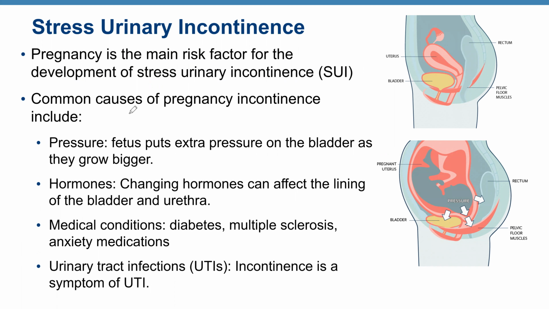But before we get to all of these causes, let's review the anatomy of the urinary system and how it is related to the reproductive system. That's the anterior part, that's the posterior part. On the posterior, we have the rectum and anus, and anterior to the rectum, we have the vagina. That's a vagina connected to the uterus.